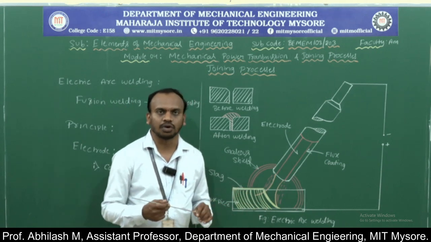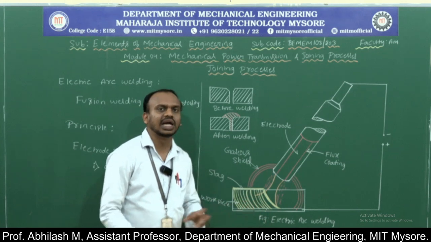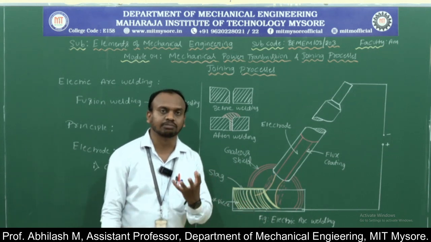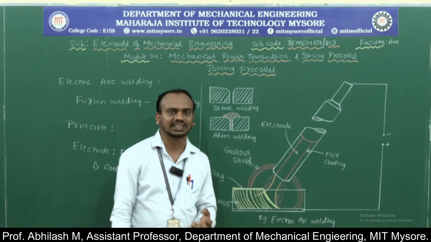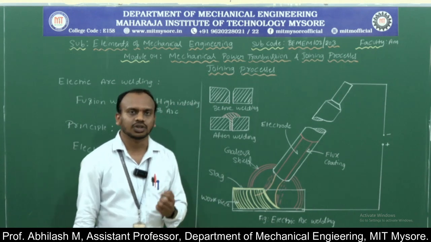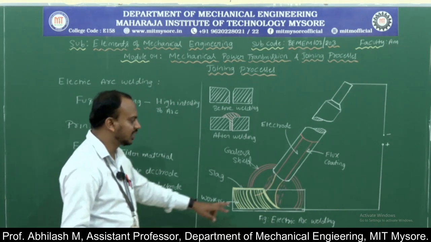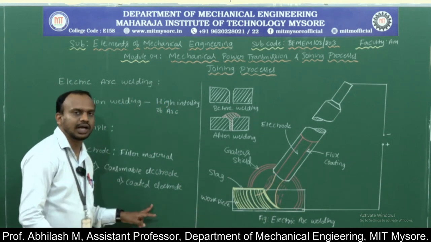If the arc is not protected, the molten metal will be exposed to the atmosphere, absorb oxygen, and form a joint of weaker section. We want a homogeneous joint which is stronger, so to ensure that the joints are stronger, we go ahead with the coated electrode.